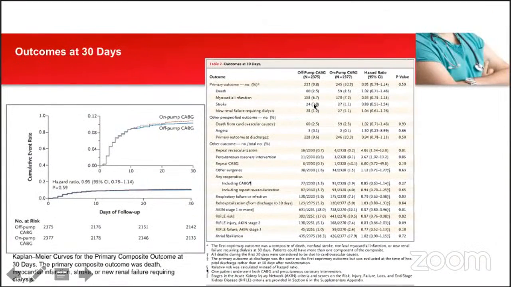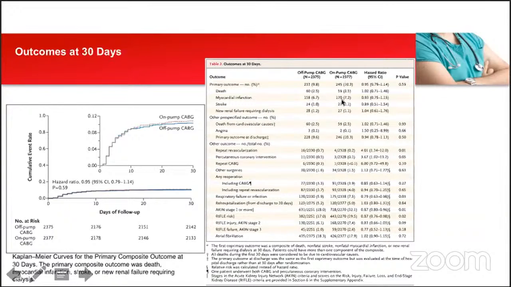For the outcomes at 30 days, we can clearly see that there's no significant difference between the two groups in the rate of the primary composite outcome of death, non-fatal stroke, non-fatal MI, or new renal failure requiring dialysis. If we look at each of them, death occurred in 2.5% in the off-pump versus 2.5% in the on-pump.